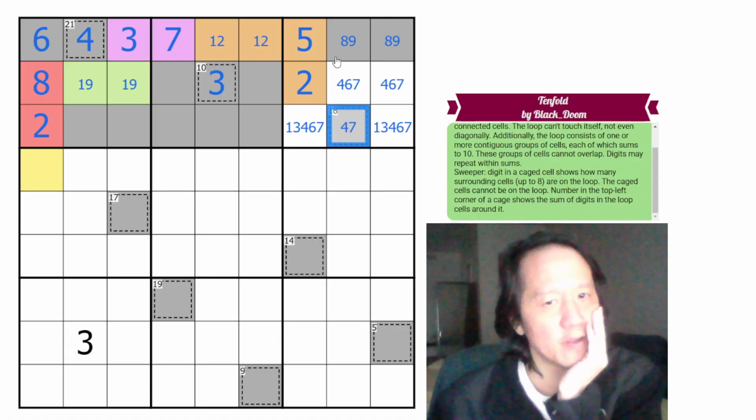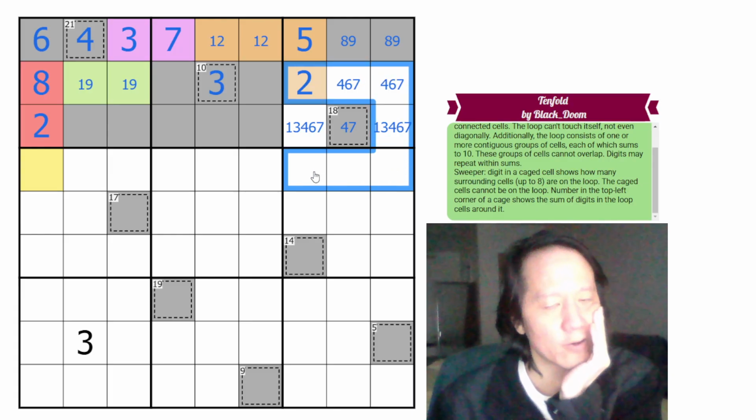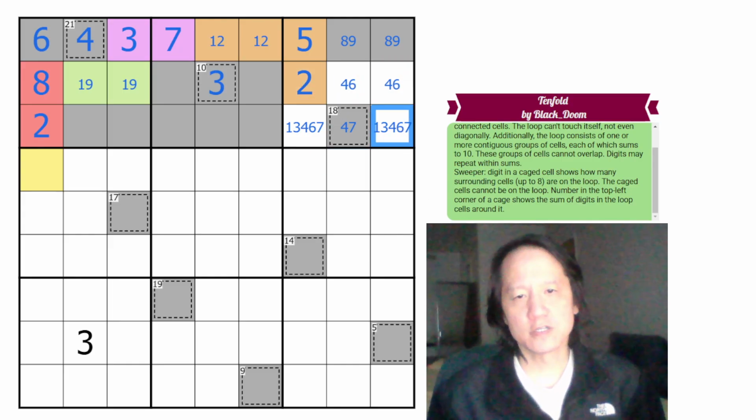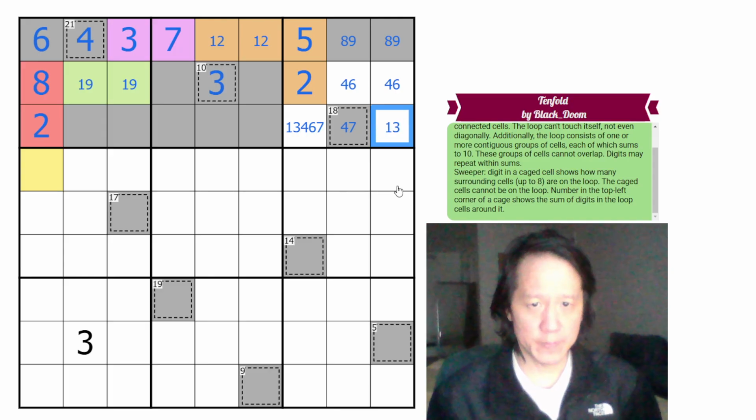If it's 7, again, it wraps all the way around here. Is that possible? This would then be 4, 6. You would have a 1, 3 here. These would be part of the set.